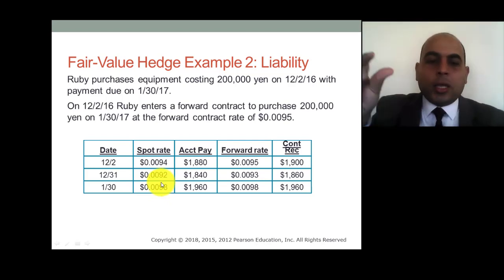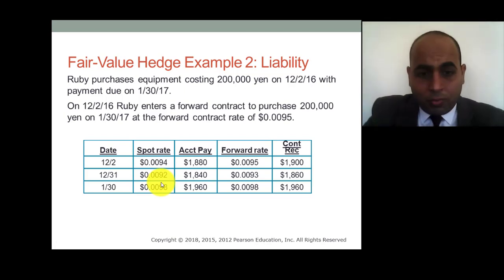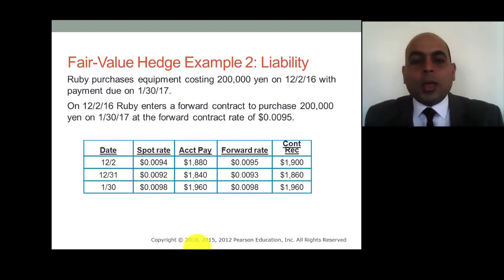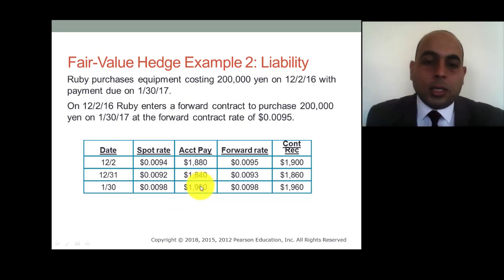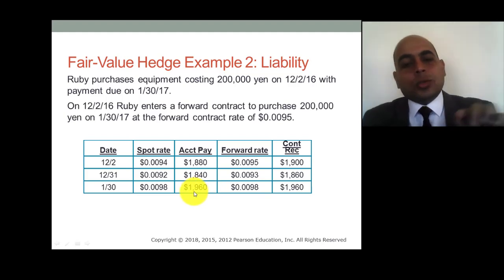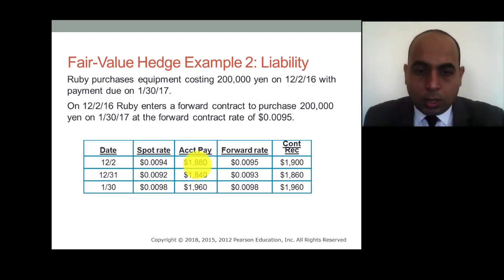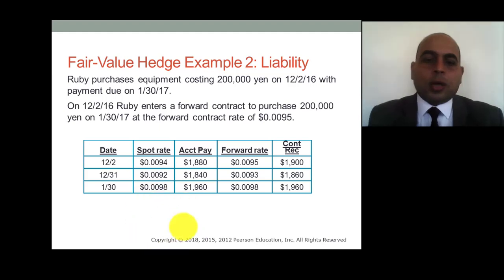Increasing the exchange rate when we buy the foreign currency means that we have incurred a loss. So the loss equals the difference between the adjusted amount on the date of preparing the financial statement, 1,840, and the amount that we have to settle on the settlement date, which is 1,960. So here we are talking about 120.